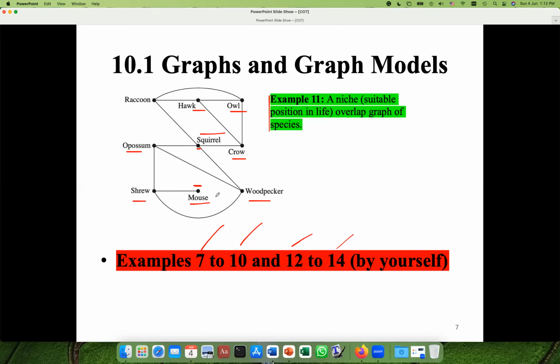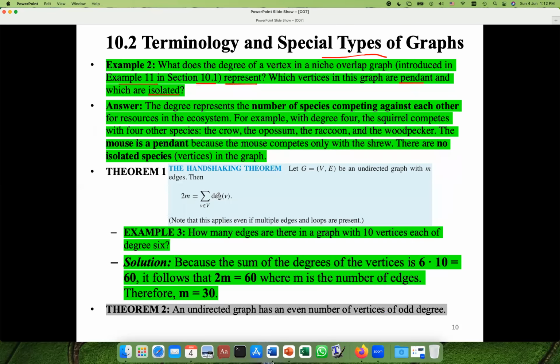Degree represents the number of species competing against each other for resources in the ecosystem. Squirrel has degree 4, so it competes with 4 other species. Mouse is pendant because it competes only with shrew, degree 1. There is no isolated vertex in that graph.